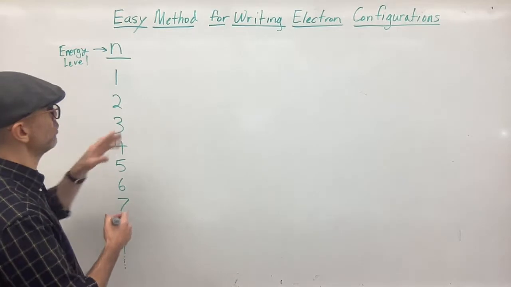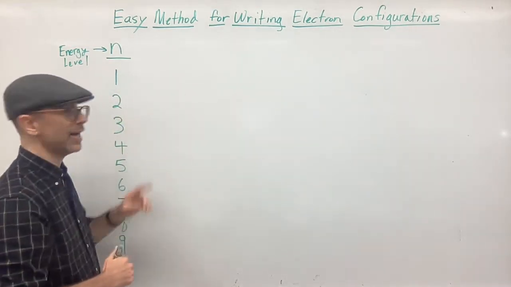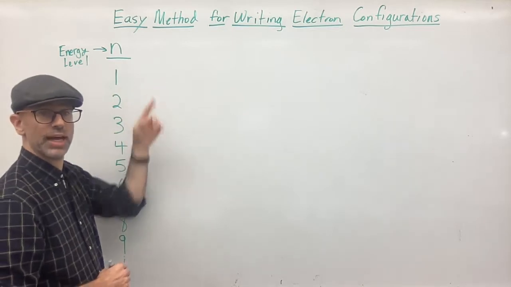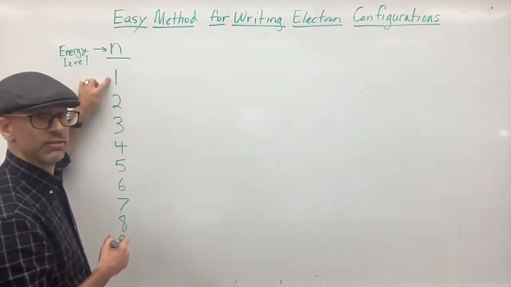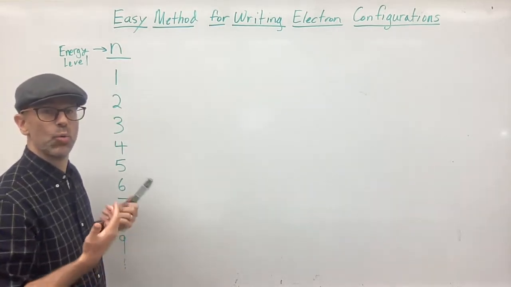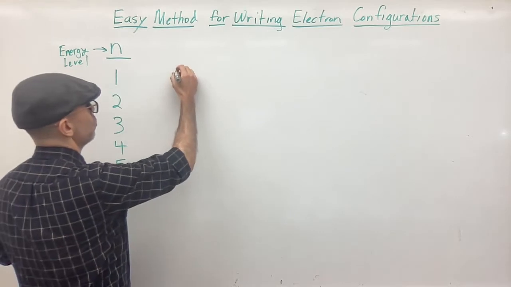So let's go ahead and write this down. What I'm going to do is write down the sublevels this way, and add the number of the energy level to each sublevel. So at energy level number 1, you have only one sublevel, and that's the S. So we're going to call that the 1S.